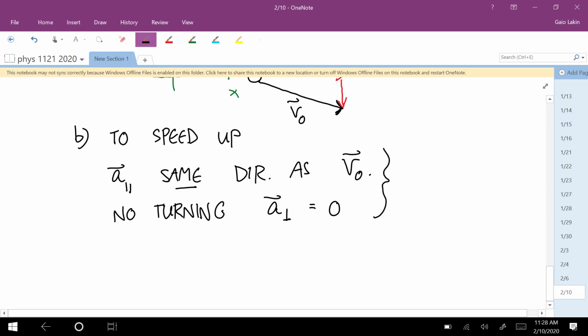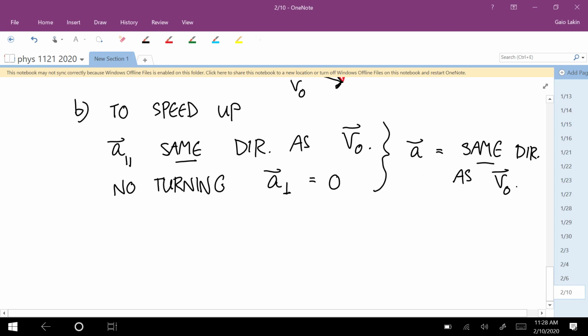So these two together mean that the acceleration has to be in the same direction as that velocity, what I called v0. Okay, so what are some possibilities, or if you wanted to come up with components, how would you get a vector that's in the same direction as v0? Yep. Well, it would be 3, -1 times any positive.